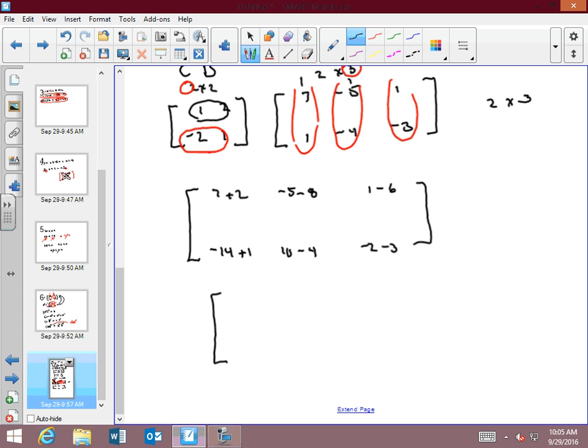So if I've done all my stuff right, it's 9, minus 13, minus 5, minus 13. What was that number? 10 minus 4 is 6, and minus 5. So if I've done all my multiplication right, that's what it should be.